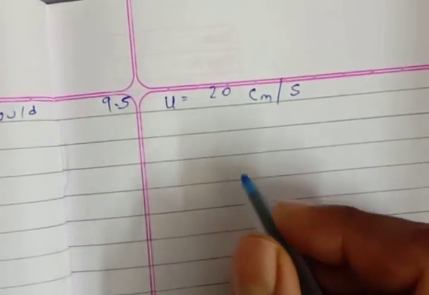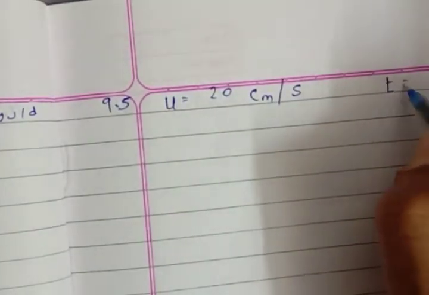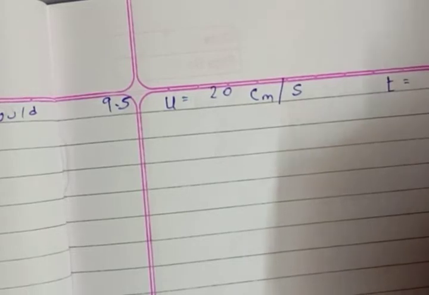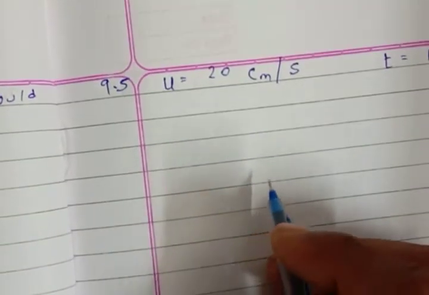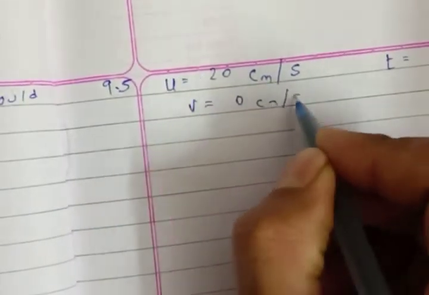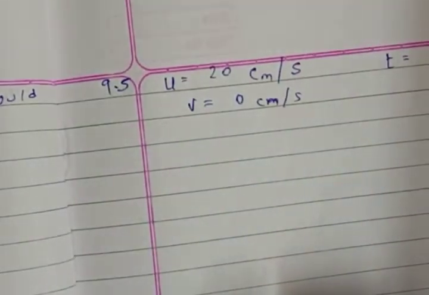And how much time does it take? It takes 10 seconds. This is also given in the graph. Time is 10 seconds, right? So v will be 0 centimeters per second. Why? Because it is stopping, the ball is stopping.